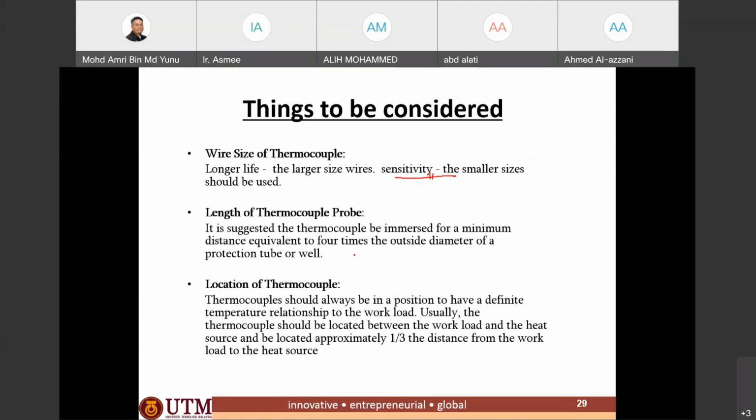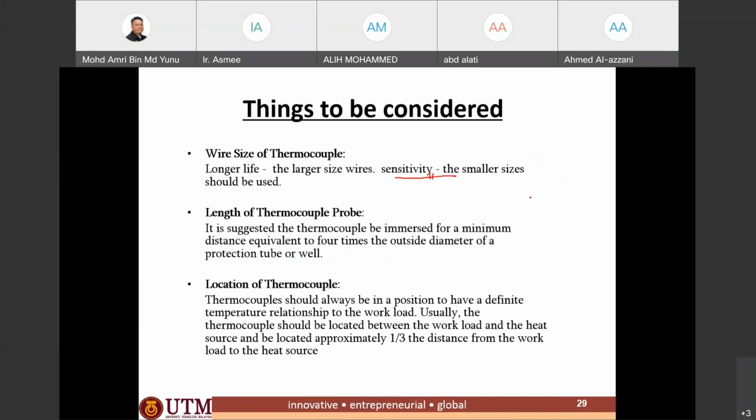And then the probe. It is suggested that the thermocouple be immersed for a minimum distance equivalent to 4 times the outside diameter of the protection tube or well.